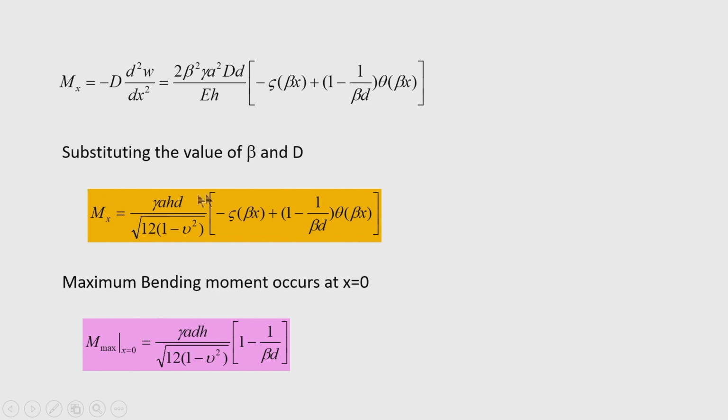So, m x can be calculated now along the height of the tank, and the maximum bending moment you can see is only at the fixed end. The fixed end provides restraint. So, maximum bending moment is calculated at x equal to 0. The maximum value is obtained by putting x equal to 0 here, and that maximum value is nothing but gamma a d h divided by root over 12 into 1 minus mu square, into 1 minus 1 by beta d.